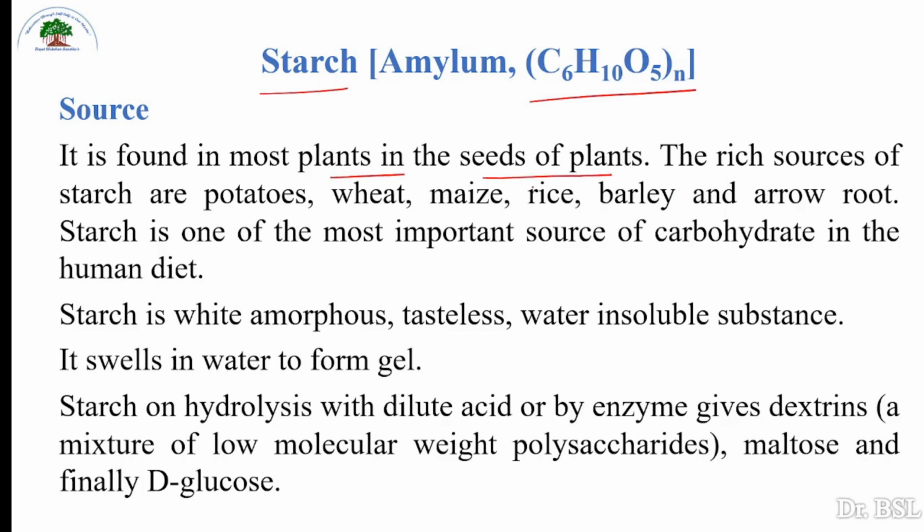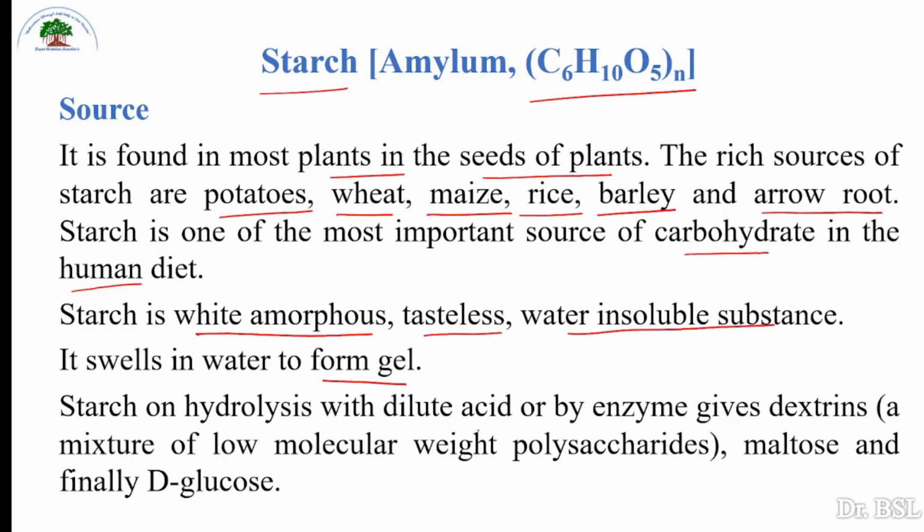The rich sources of starch are potatoes, wheat, maize, rice, barley, and arrowroot. Starch is one of the most important sources of carbohydrate in the human diet. Starch is white, amorphous, tasteless, and water insoluble substance. It swells in water to form gel.